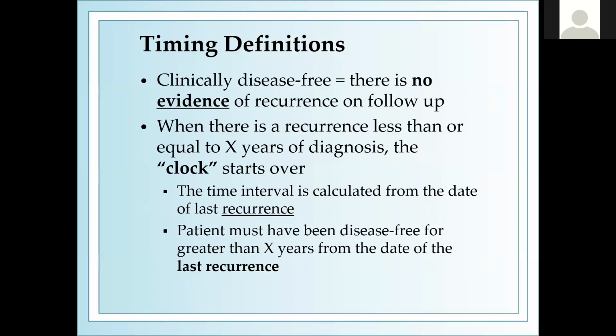So the clock starts over then. Now the point of reference that we need to restart the clock is June 1st, 2018. So every time the patient has a recurrence and is disease-free, that clock starts over from the date of the last recurrence. It's no longer the date of diagnosis. That's very, very important when it comes to bladder tumors.